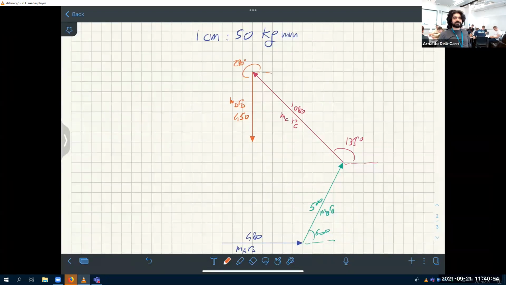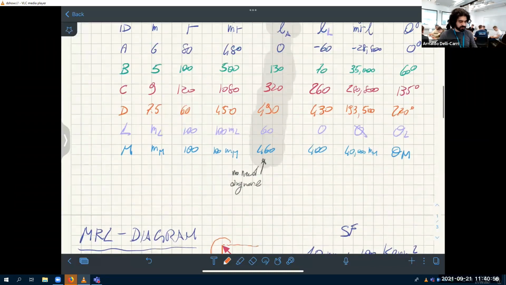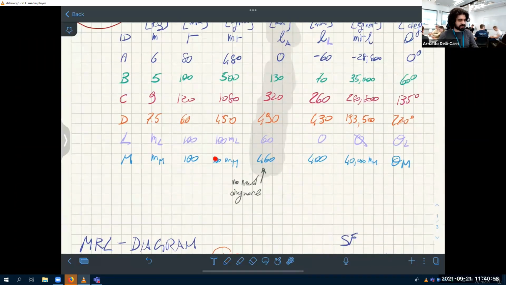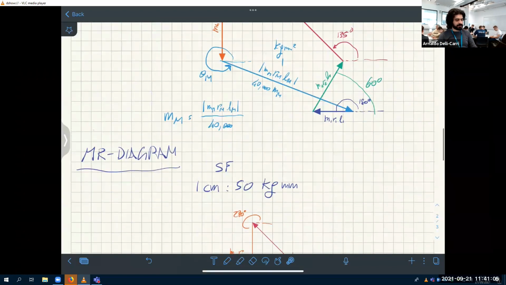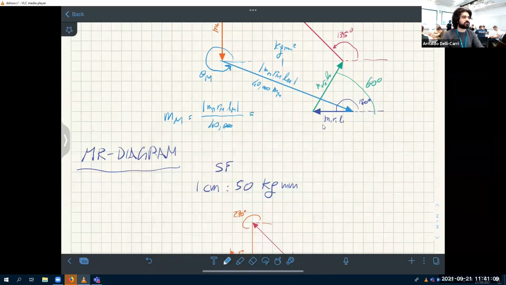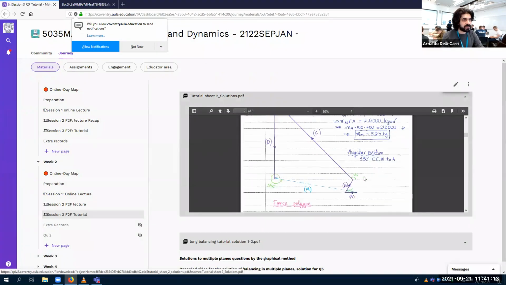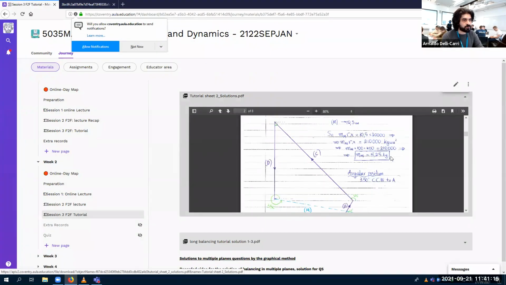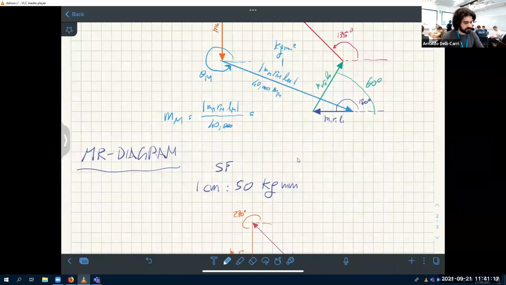And now what's left? Well, if we look here, we have 100 mm, but mm we found earlier. Mm is this. How much is this? Well, according to the solution, it is 5.25 kilograms.